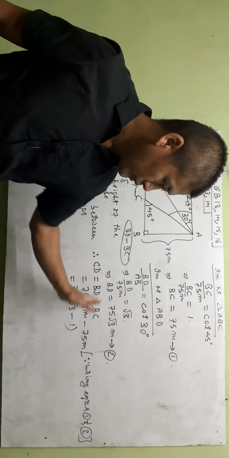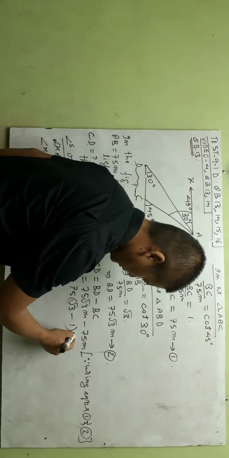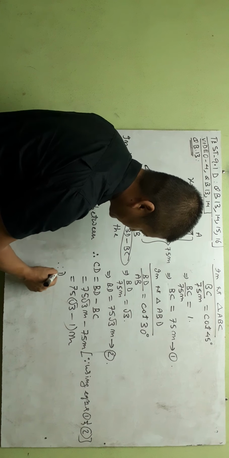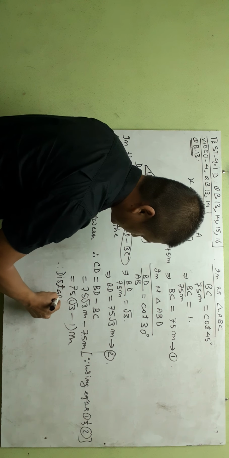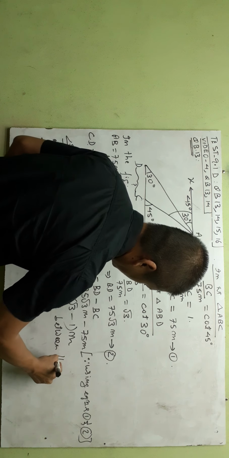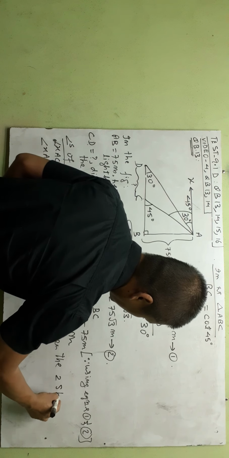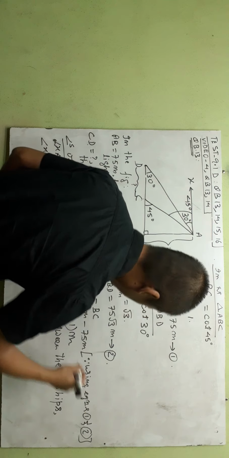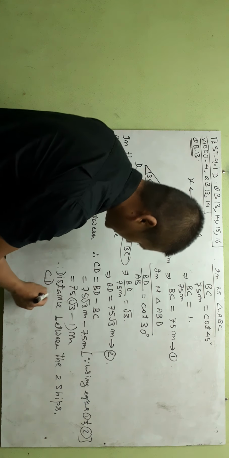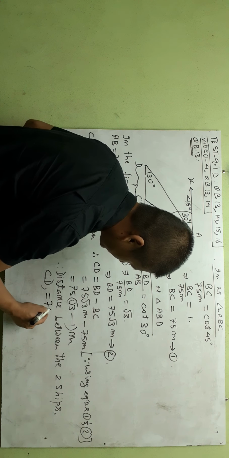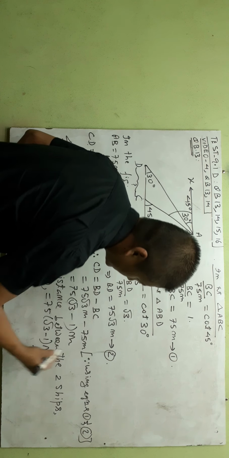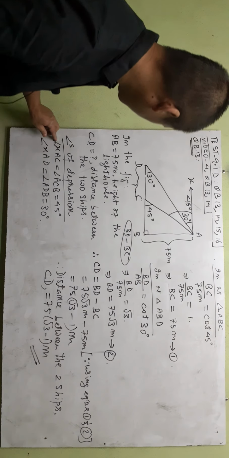Then meter common can go outside the bracket. So your answer is, distance between the two ships. Okay, the distance between the two ships, which is represented by CD, is equal to here 75 into root 3 minus 1 meter. So that is our first answer, right?